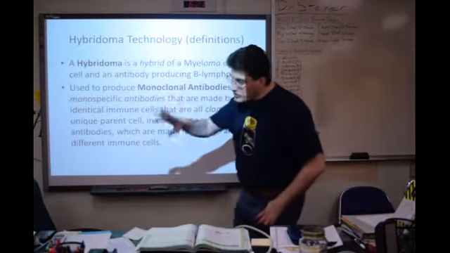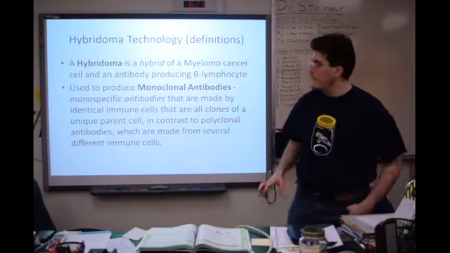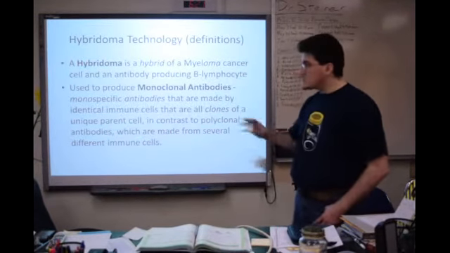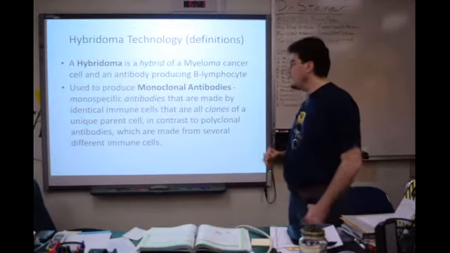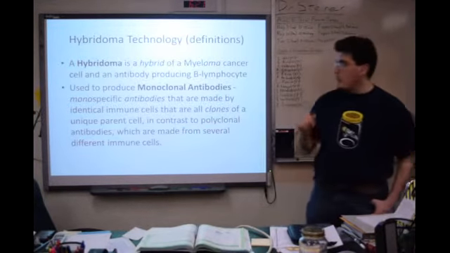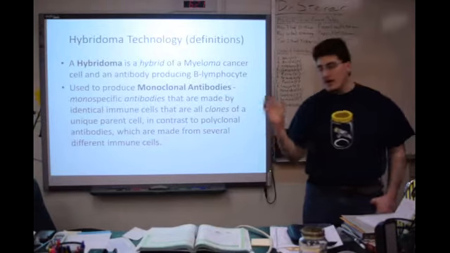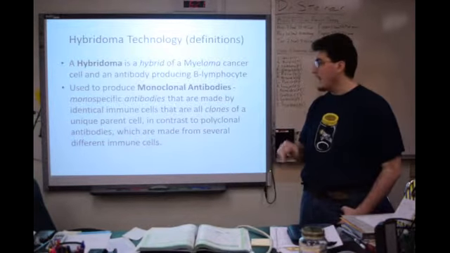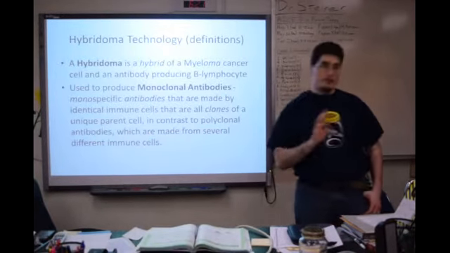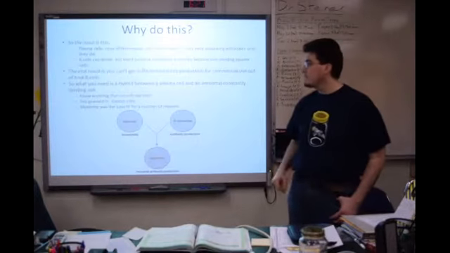So a monoclonal antibody is a monospecific antibody made by identical immune cells that are all clones of a unique parent cell. Contrast this with polyclonal antibodies, which are made from several different immune cells.